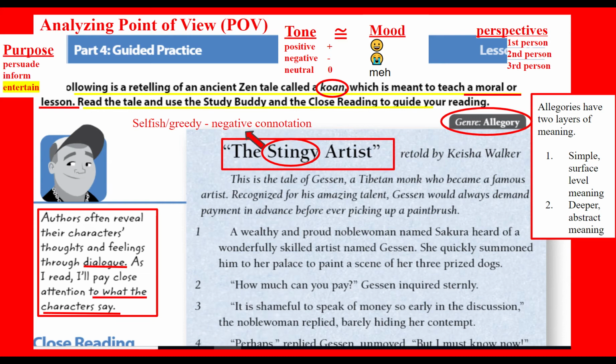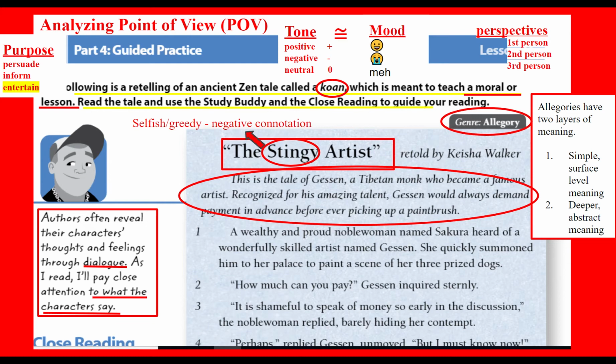So, our paragraphs are already numbered for us, so we don't have to do that. But I do want us to pay close attention to this first section of our text. This first section is actually not really part of the story. It's just giving us a little bit of extra information to help us as we get ready to read.